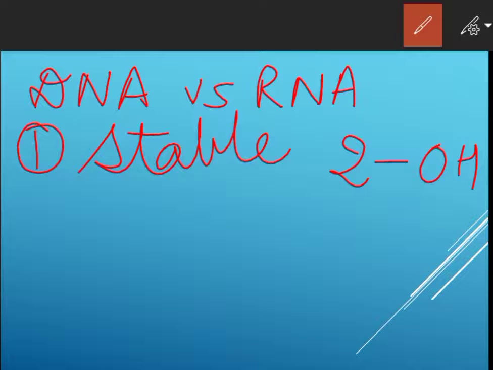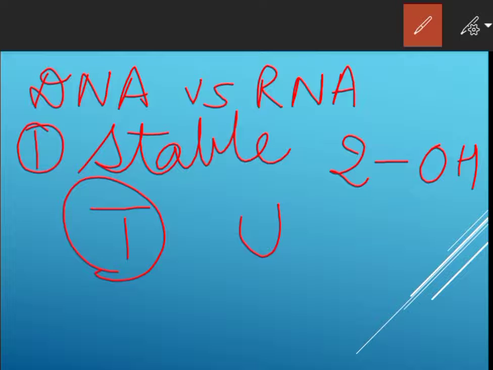RNA is also catalytic, so it is reactive, and additional stability to DNA is also provided by the presence of thymine, that is T, at the place of uracil. RNA has uracil, whereas DNA has thymine. So presence of thymine provides additional stability to DNA.